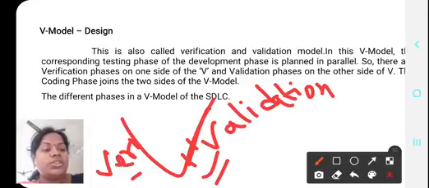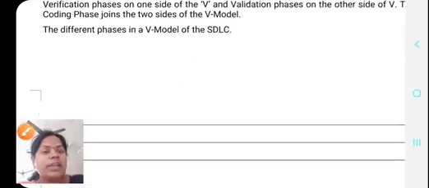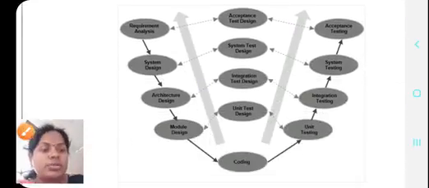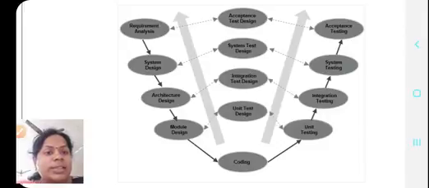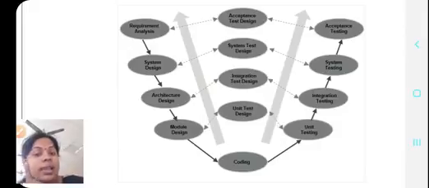So in the verification and validation model, the diagram is like this. Just go through the diagram. As it shows, there are two parallel stages. On one side the development is taken, and on the other side the testing phase is taken.